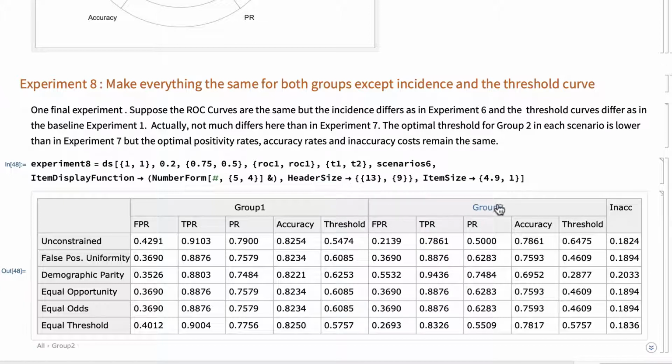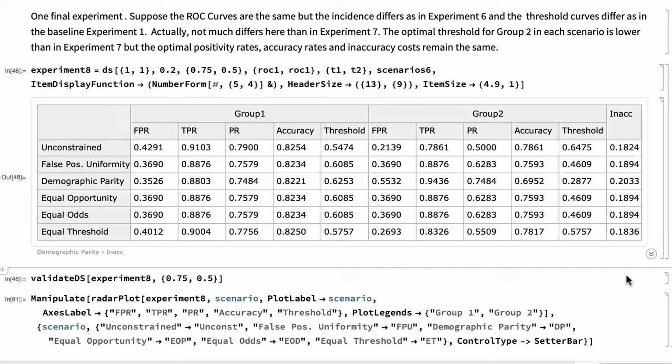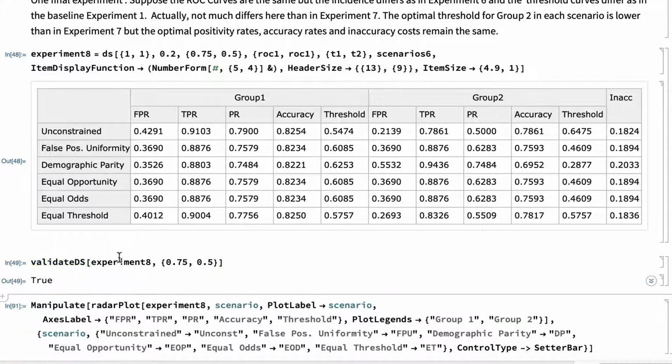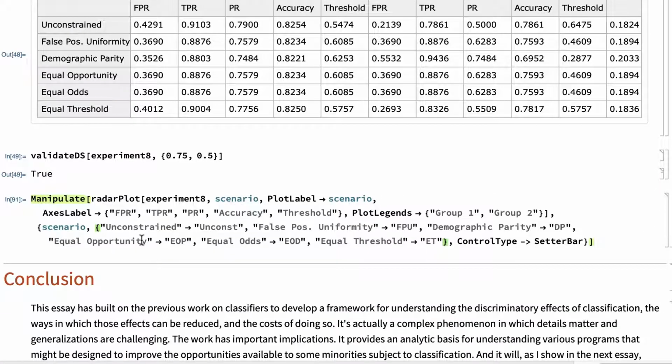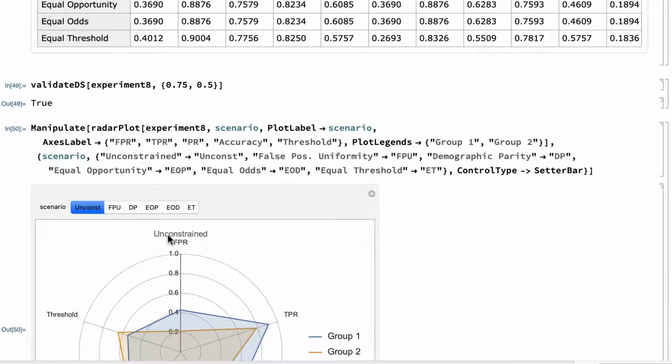The optimal threshold for group 2 in each scenario is lower than in experiment 7, but basically we're seeing the same kind of pattern with respect to inaccuracy costs, where it's only demographic parity that is really going to drive up inaccuracy costs. It works. If you want to study it further, there's your radar plot.